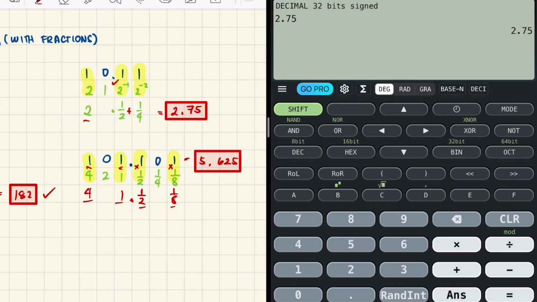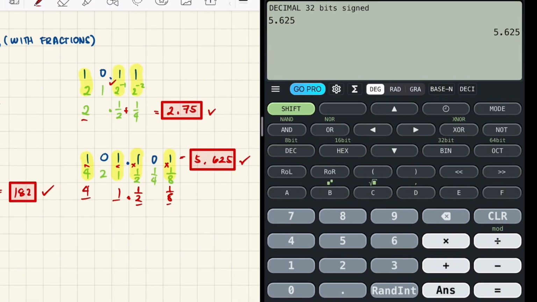There you go, 2.75. And 5.625, so this is correct as well.